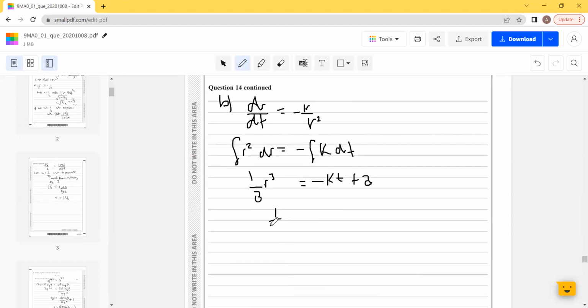So r is 40, so 1/3 of 40 cubed is equal to... hold on, r is 40 and t is 0. It's just alpha. Okay, yeah, so alpha is equal to 64,000 over 3.